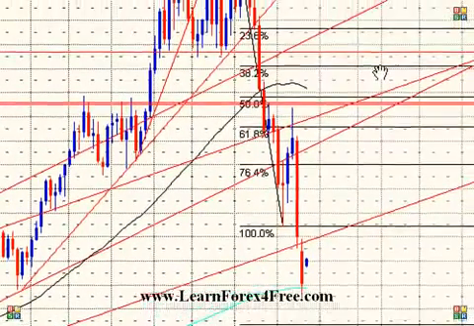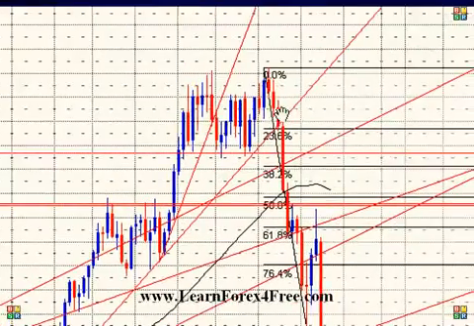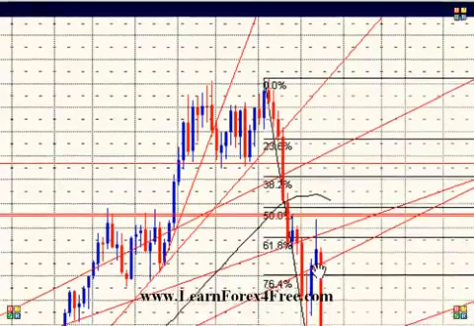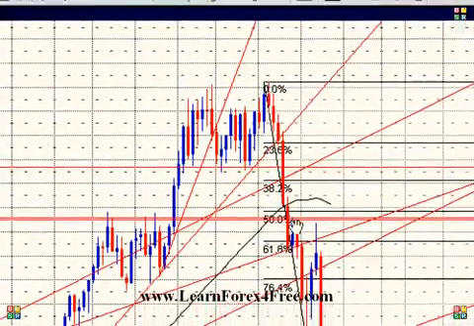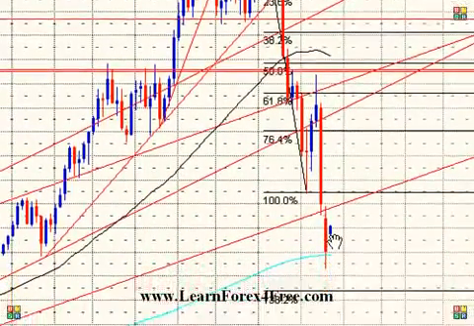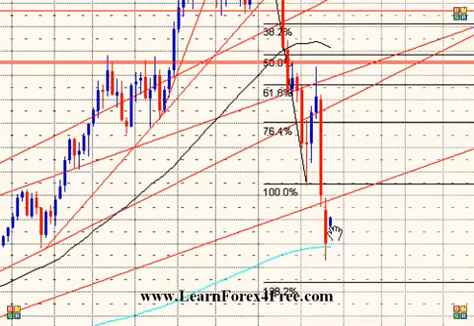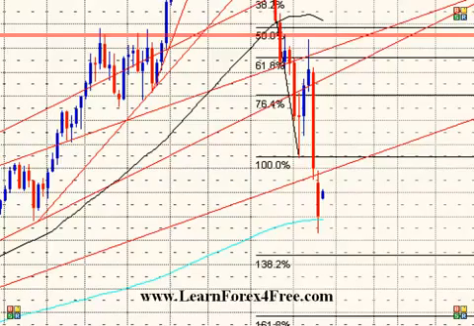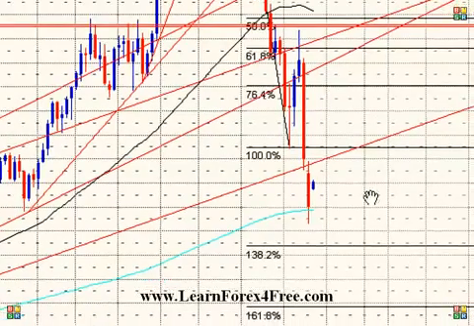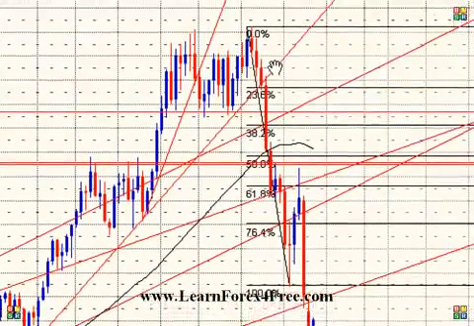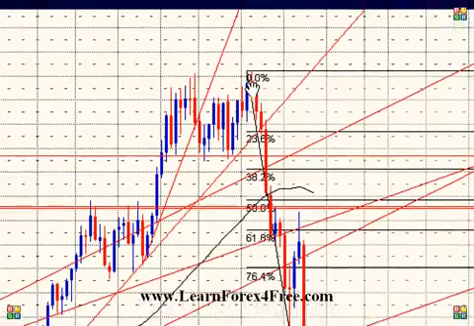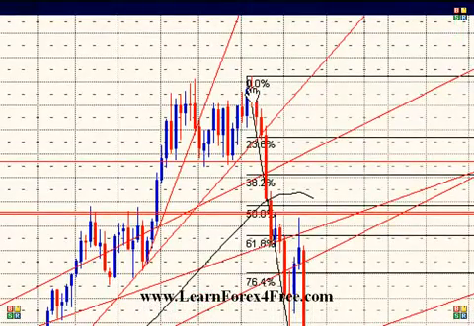Further, you can see the steep drop that has occurred all the way from here to here. It's too steep, and that usually signifies that there's going to be a correction.